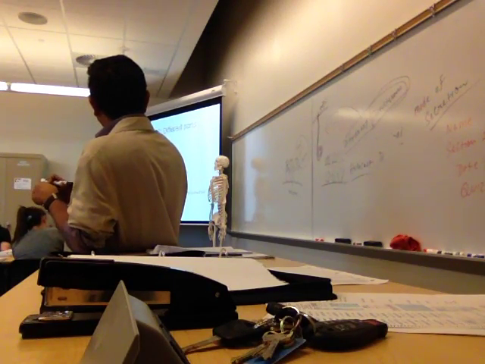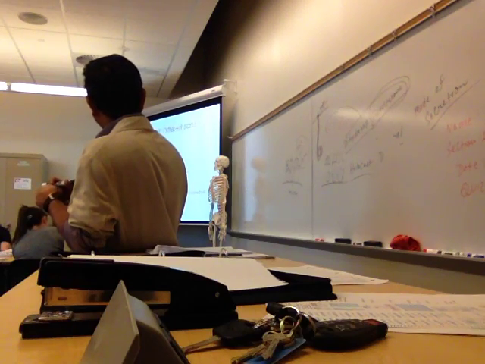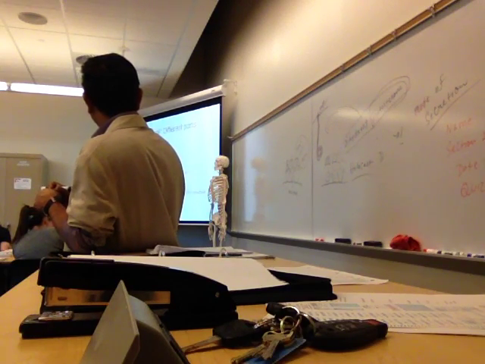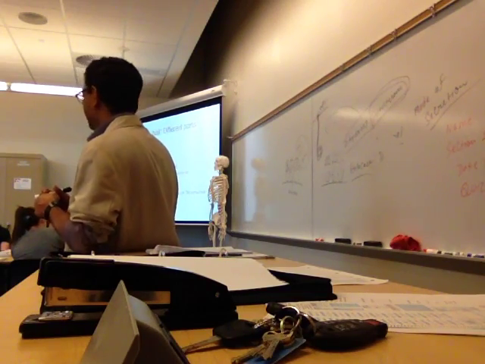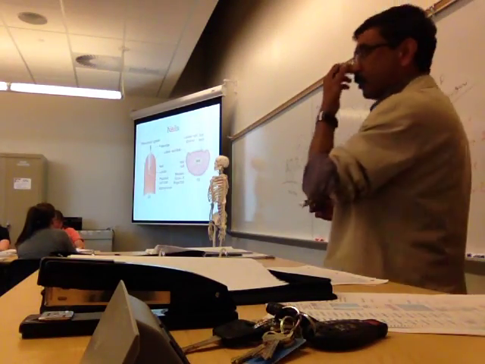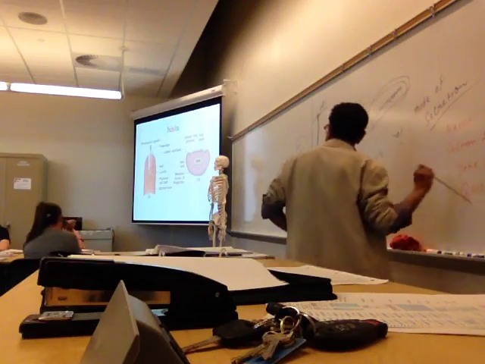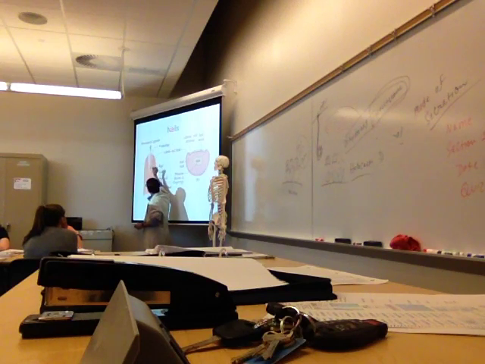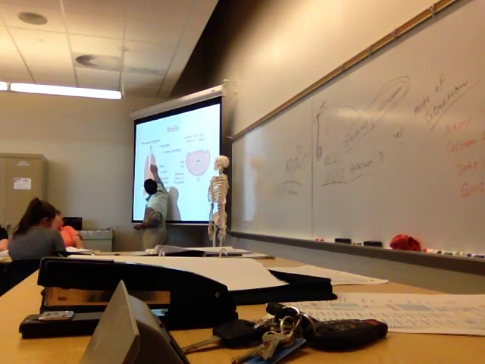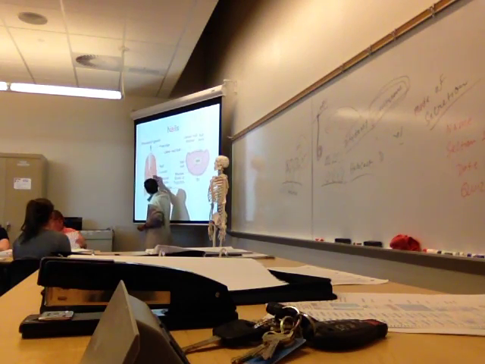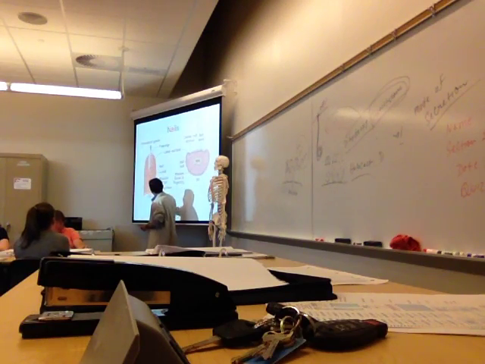Okay, so nail, you see the nail has different parts. Body, free edge, root, nail folds, hyponychium, nail bed, and lunula. So those are the parts. If you see the nail from above, these are the nail folds, lateral and proximal nail folds.